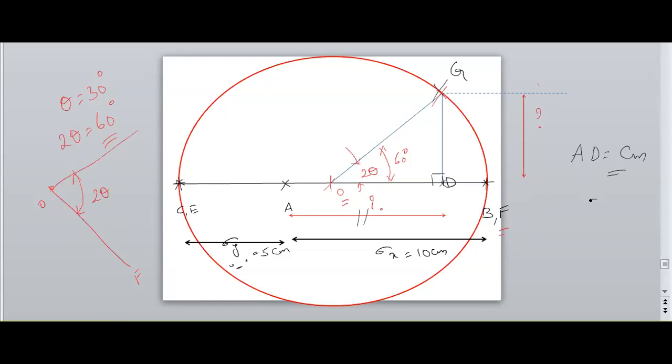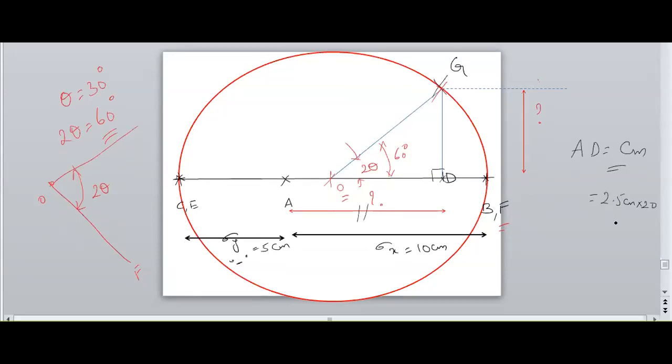That is, if I got the value as 2.5 centimeters, we have considered the scale as 20, therefore 2.5 into 20. Initially we considered the scale by converting. I am considering it as 2.5.